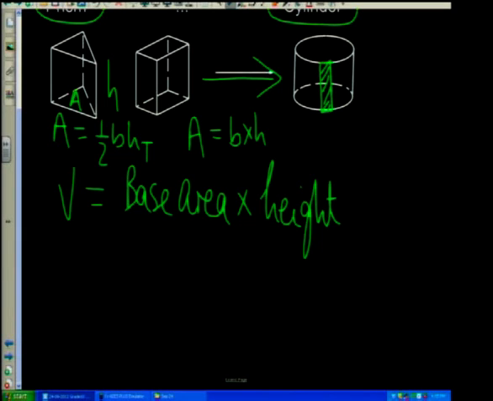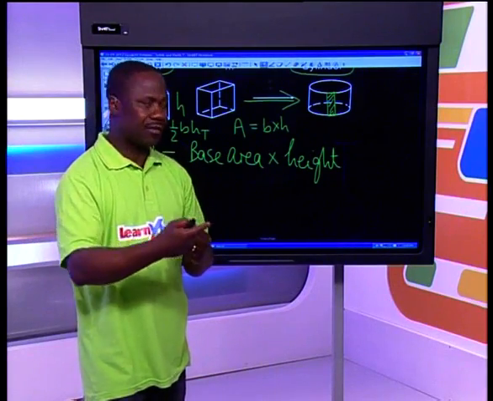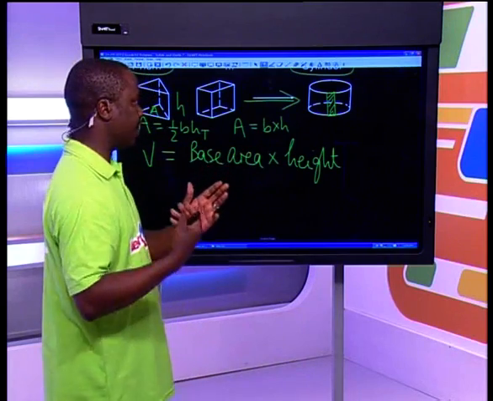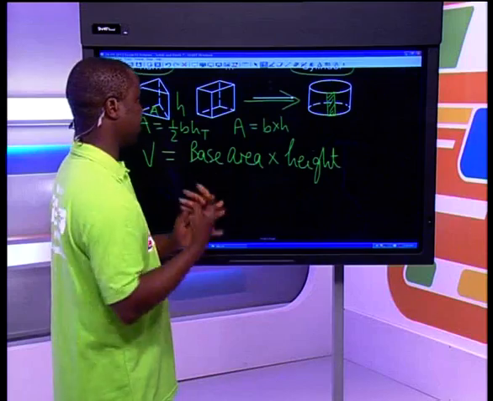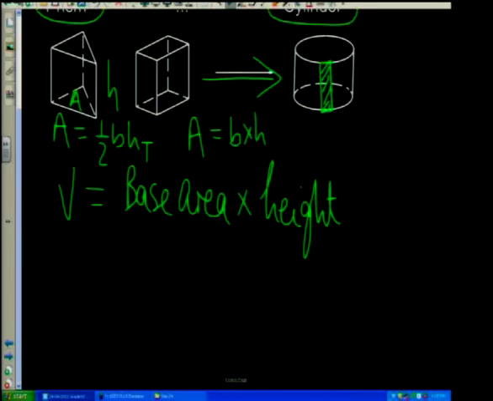If you imagine that you have an infinite number of those strips, small areas going all the way around the cylinder, they will actually form the surface area of a cylinder. So again, the area of the base is now pi r squared, where the base is a circle of radius r.